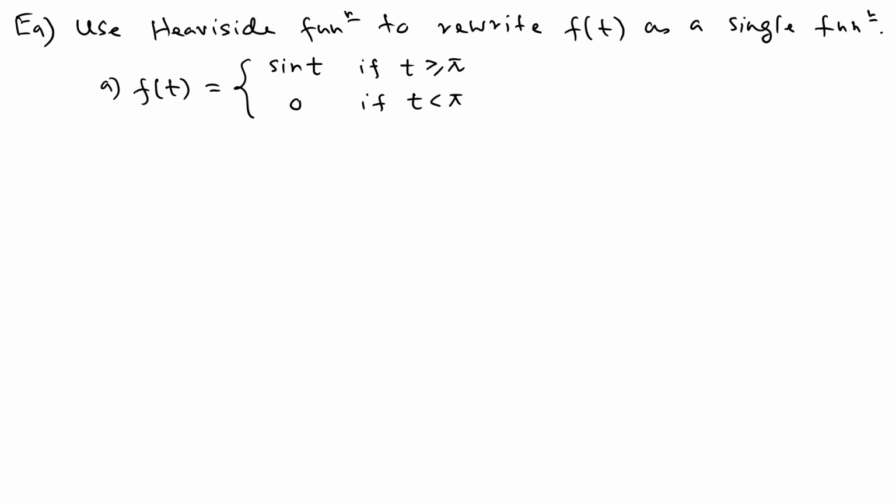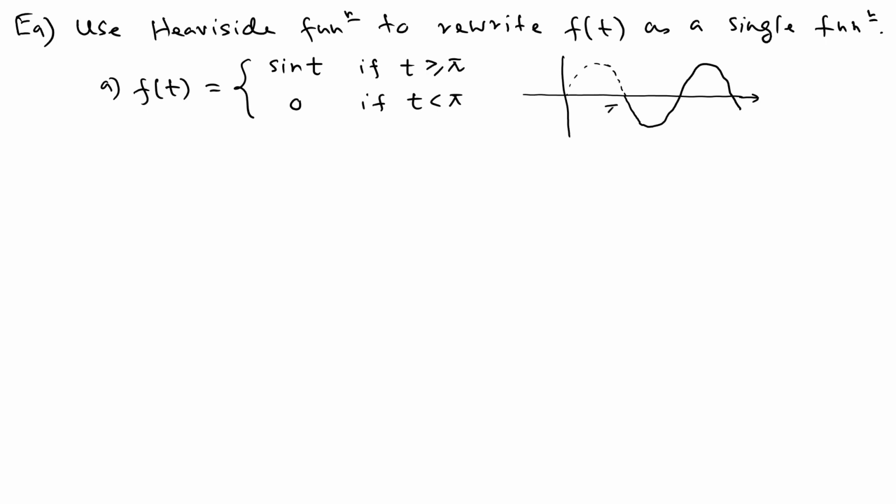Always, if you look at the graph, it can help you. So let's look at the graph of this function. It looks like this. Until pi, the function is 0. It's a sine, but it's just 0 until pi. But right after pi, it's going to follow the sine graph, so it's going to go like that after pi.